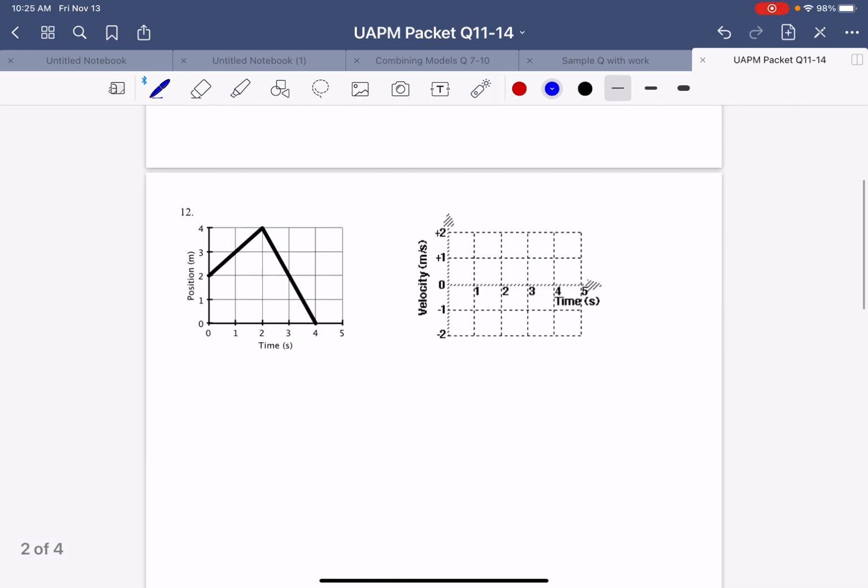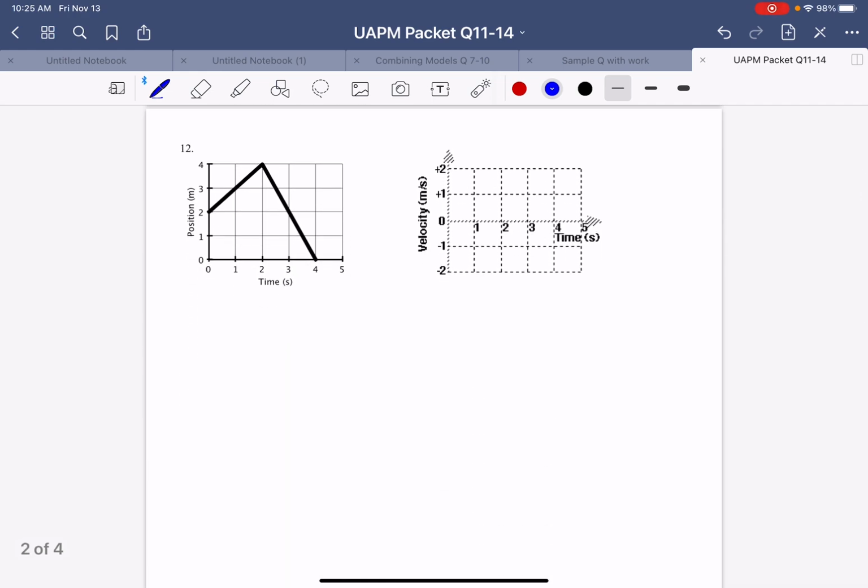Okay, so number 12 is a little bit more complicated in that the object changes direction. For the first 2 seconds, it's moving at 1 meter per second. Then for the next 2 seconds, it's in the negative direction, moving at negative 2 meters per second.